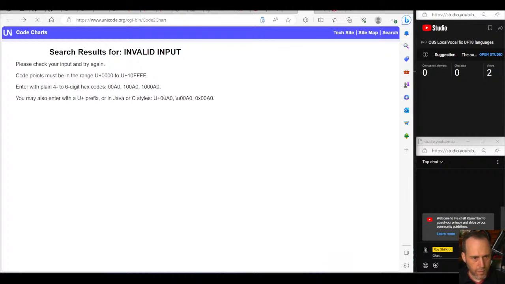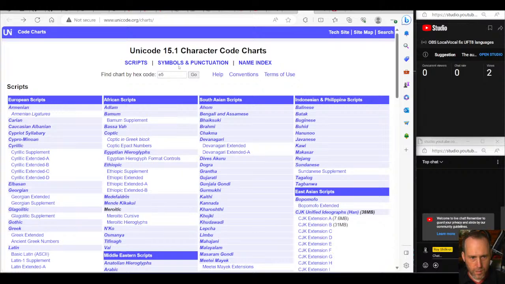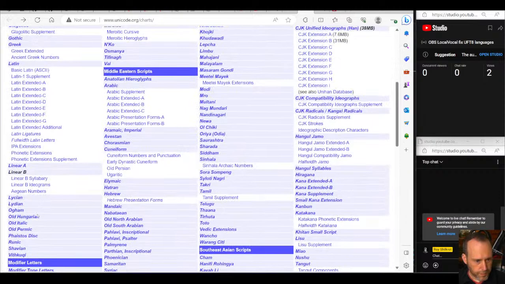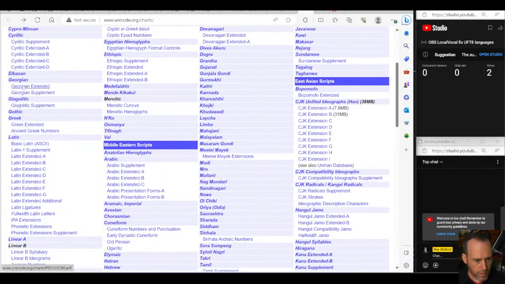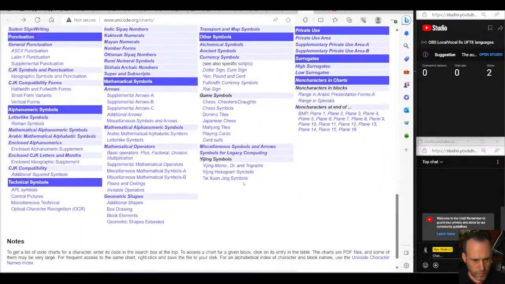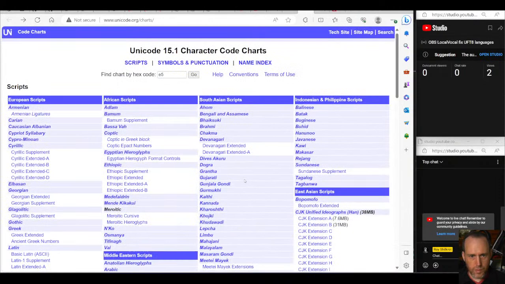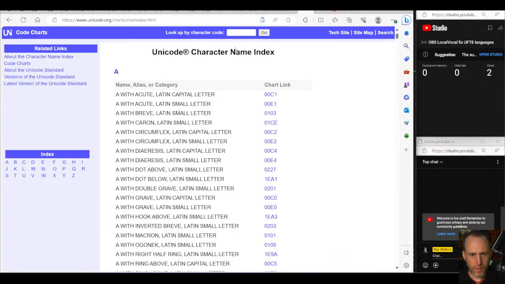E5, no. Name index, symbols and punctuation. It's gonna be E5. I have no idea. Could be anything. There are symbols. Name index.